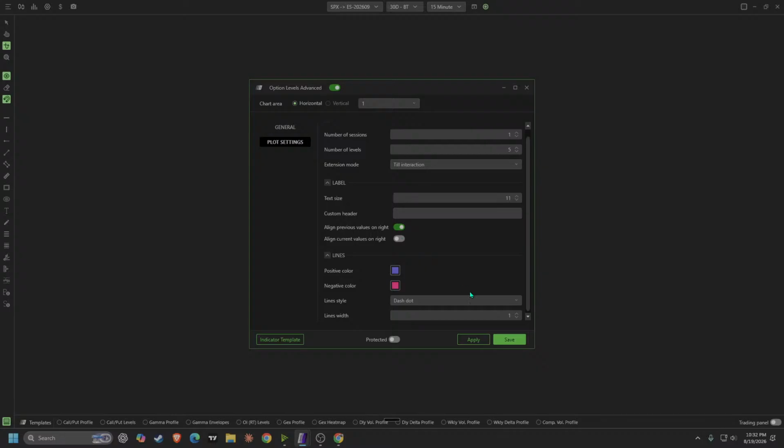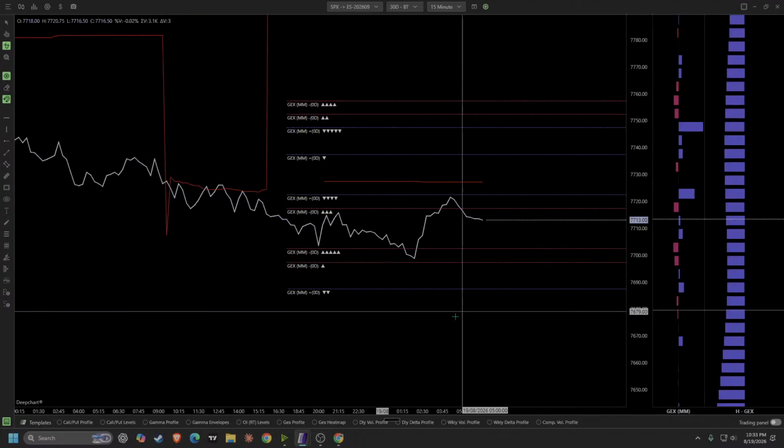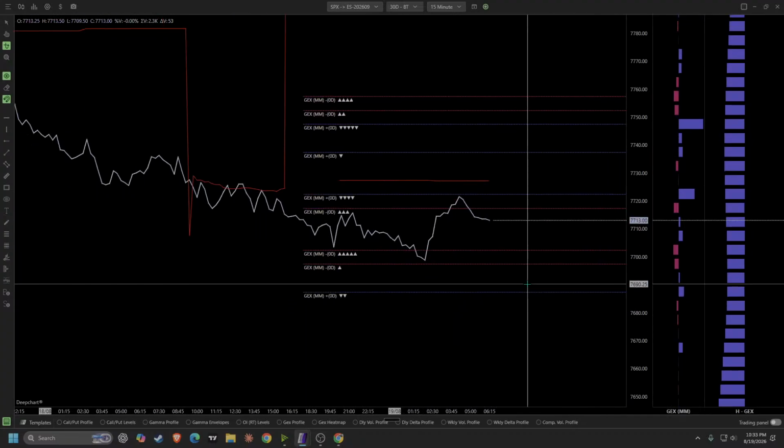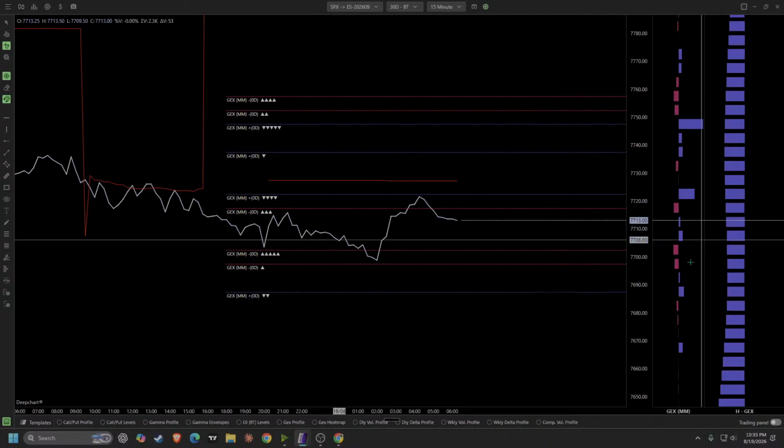I think 1 pixel might be better. So step 1 takes a little time to load the options data. All right, there we go. So that's what we have. Now, once the New York session opens, this is going to change dramatically. So just keep that in mind.